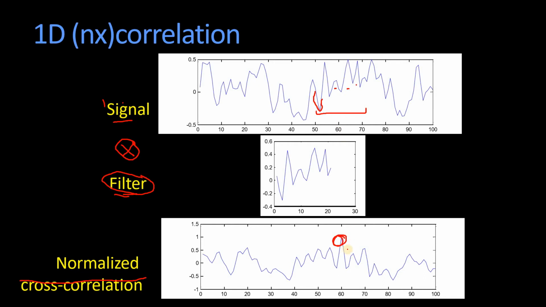Clear? The result of the correlation is maximum when it fully matches. This point matches here, and the rest of the whole filter wave matches with the original signal. So this is what we can call template matching.